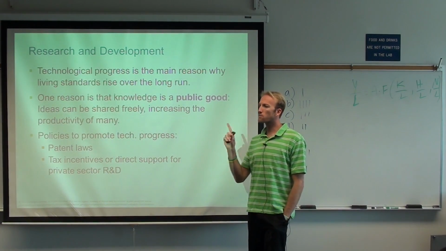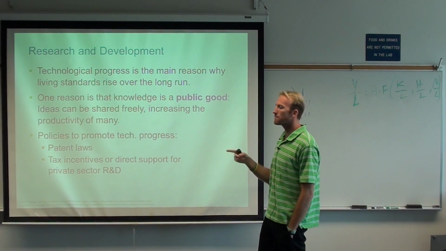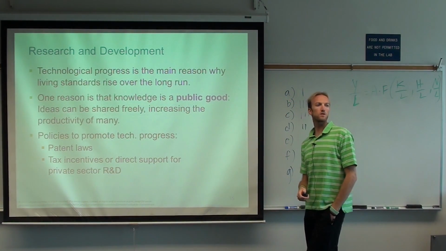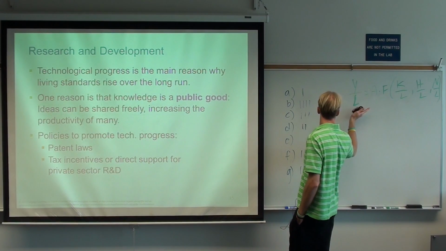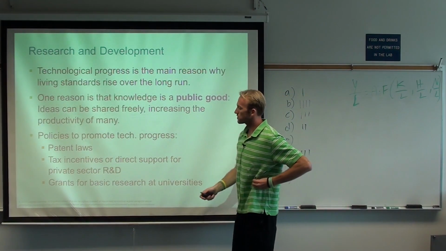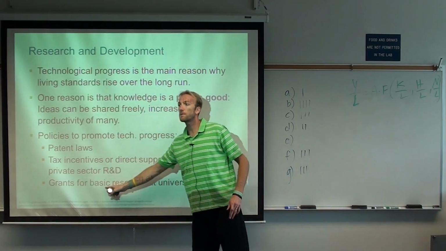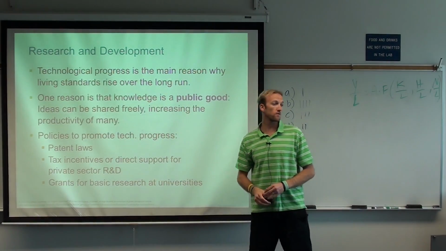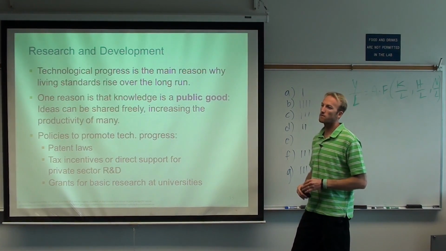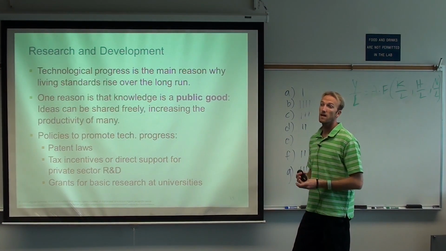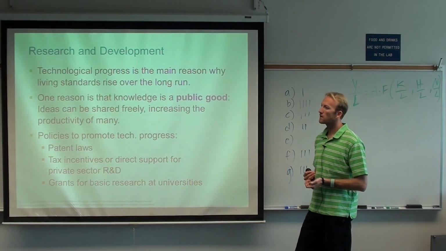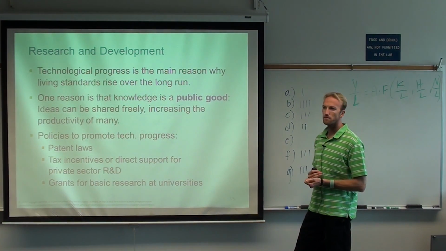So the government has a really important role in subsidizing or encouraging technological progress, research and development, because it will increase productivity in the long run, okay? And then also, this is very common in America especially, grants for research at universities, right? We have the National Science Foundation, we have the Endowment for the Arts, we have all kinds of public funds that are available to universities for research.